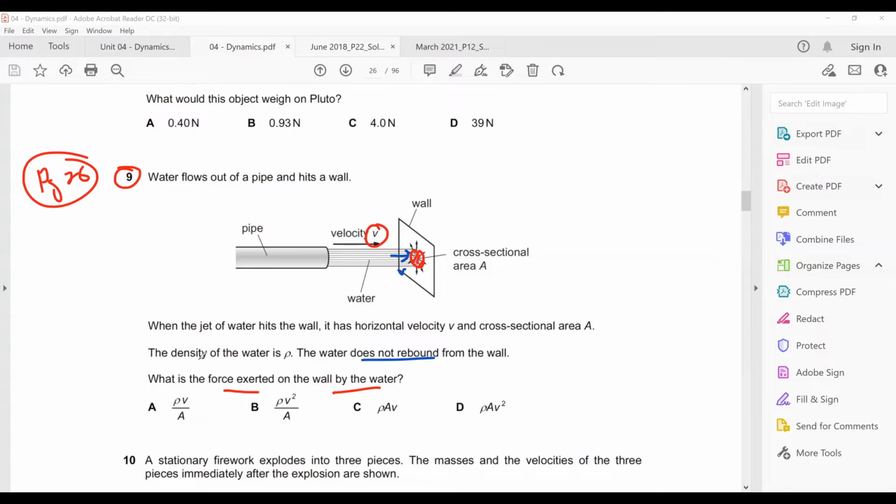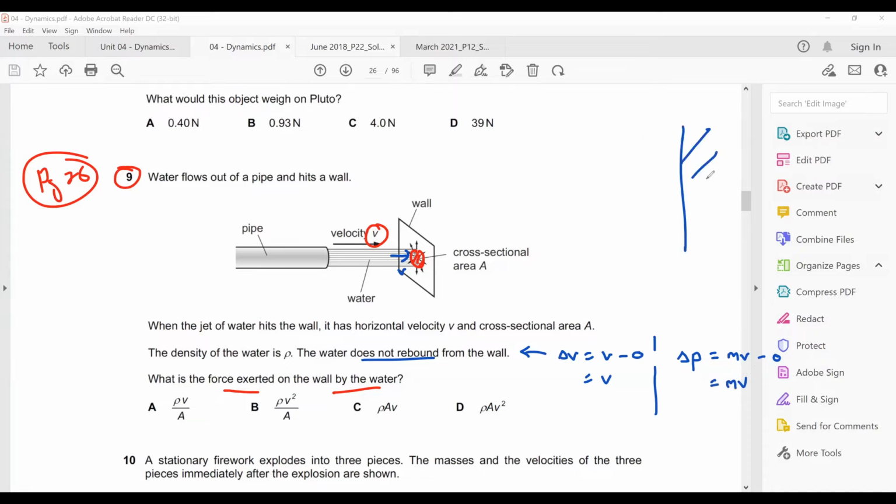Now, if your water hits the wall with velocity v and it does not rebound, the significance of this statement is that your change in velocity is just v minus 0. It's just v. Or put it another way, your change in momentum is just mv minus 0, giving you mv.